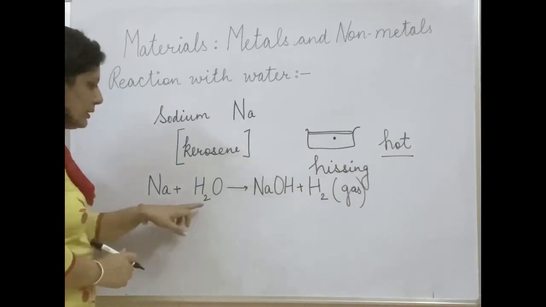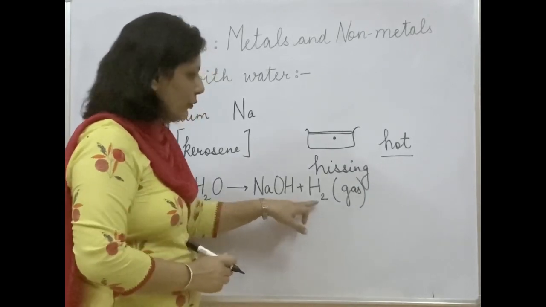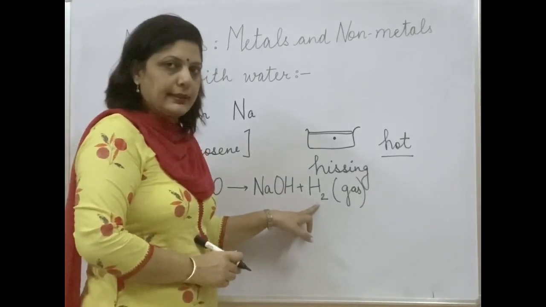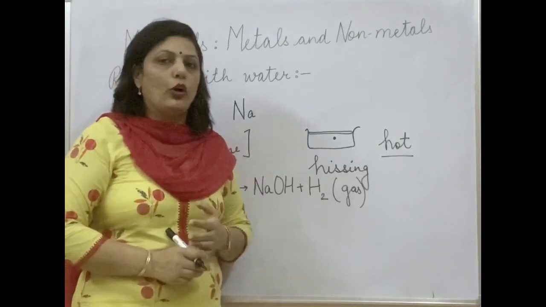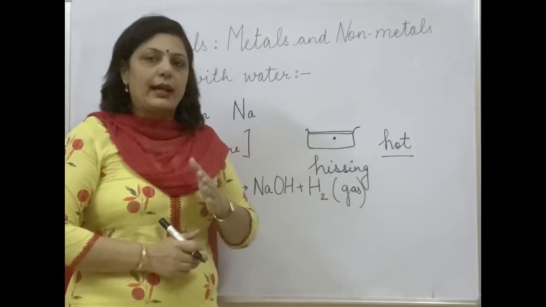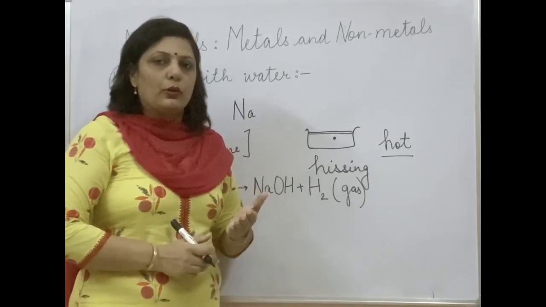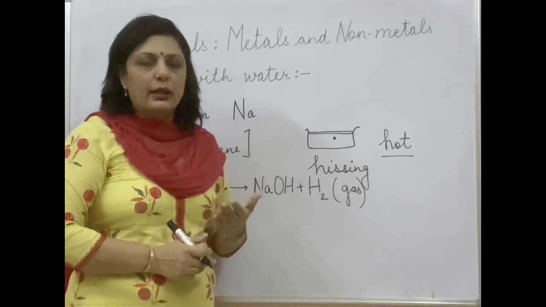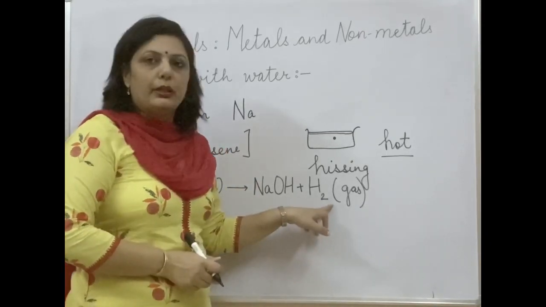This is sodium metal plus water, and on reacting it will produce sodium hydroxide along with liberation of hydrogen gas. So hydrogen gas liberation is basically an indication that the metal is reacting with water. And if you carry out this process with other metals I will be talking about, you will notice that hydrogen gas is liberated there too.